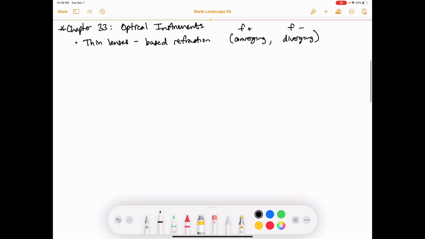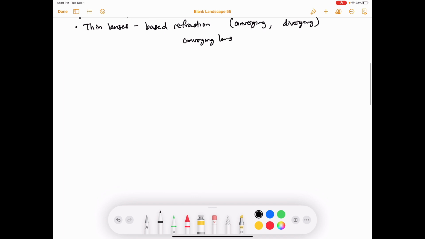So as an example, let's draw a converging lens, which would look something like this. It would have a convex shape. And we draw this line, which is called our optical axis, going through the center of the lens. And let's show the focal point of our lens with equal distance on the right and the left side.